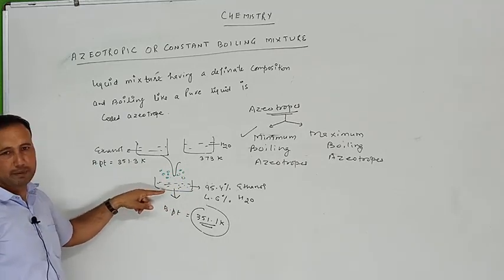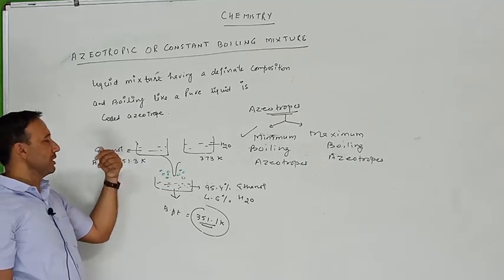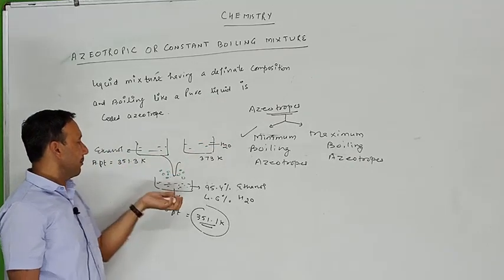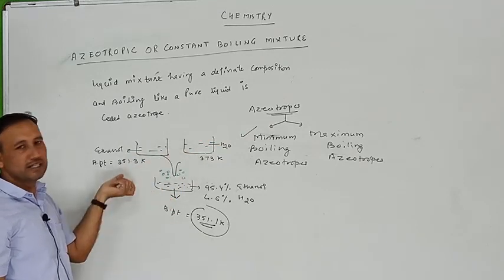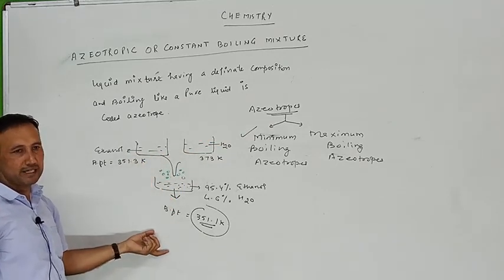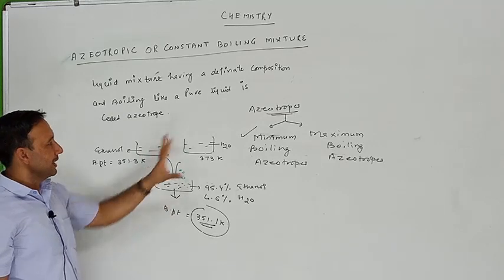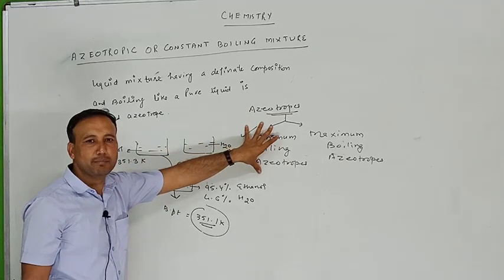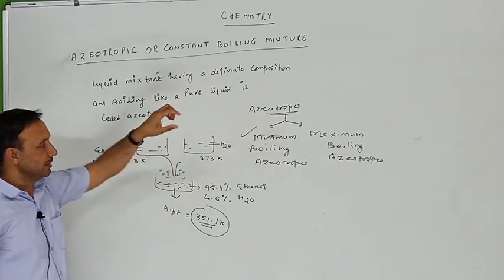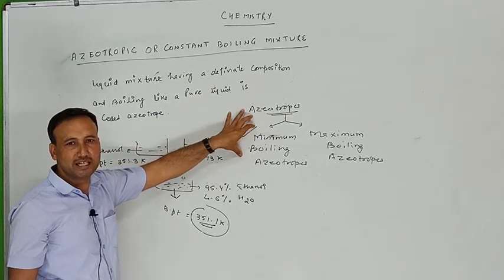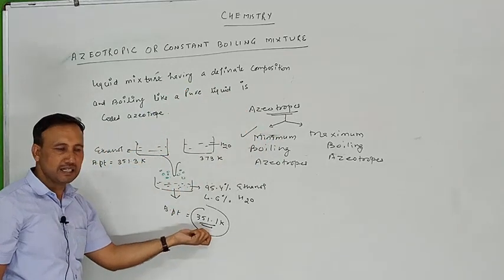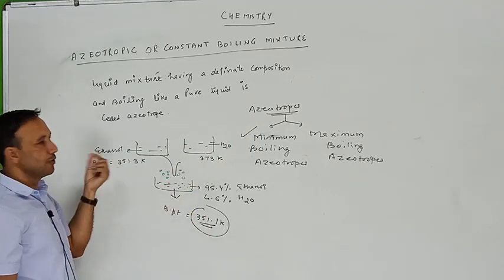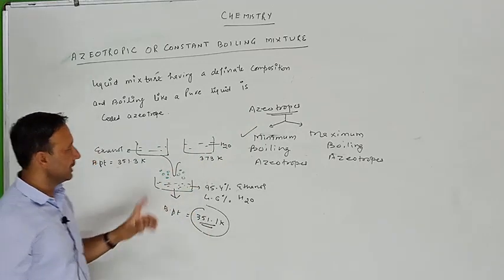So this is an azeotropic mixture showing a lower boiling point as compared to either of these two pure components. So this is a minimum boiling azeotrope. Why is this called a minimum boiling azeotrope? Because the liquid mixture's boiling point is lower than either of these two pure components.